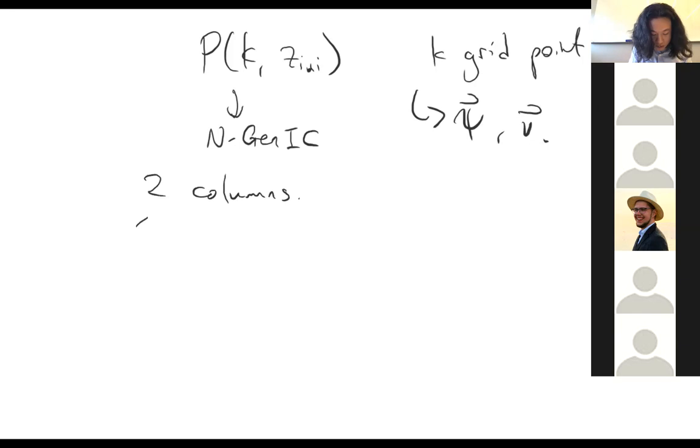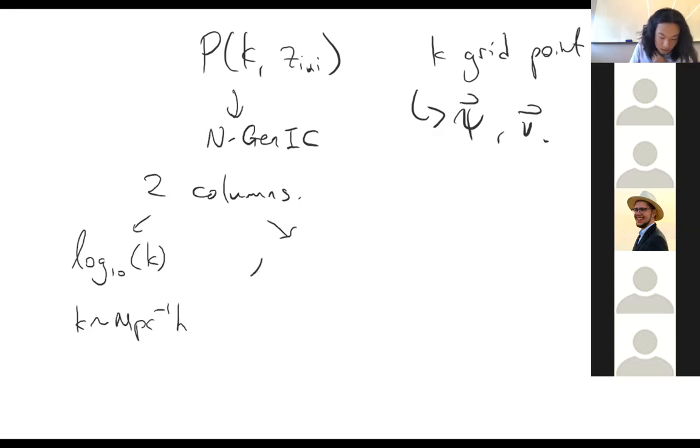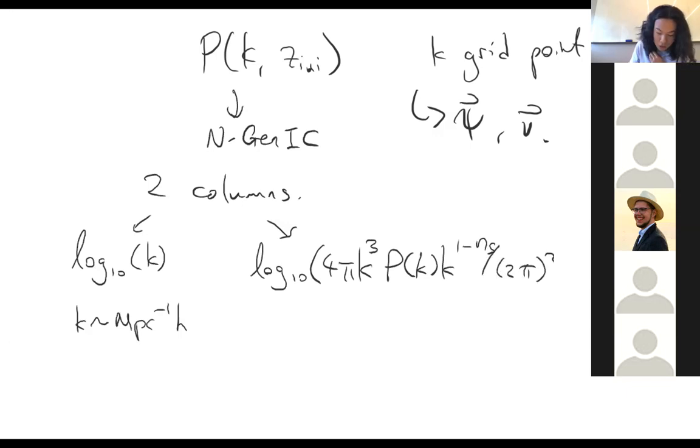So one column is, bear with me, log base 10 of K, where K is in h per Mpc. And the second column is log base 10 of 4 pi K cubed P of K times K to the power of 1 minus n_s, divided by 2 pi cubed.